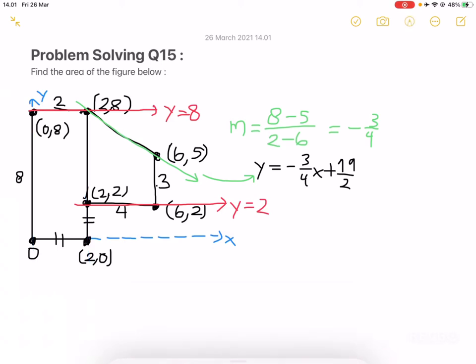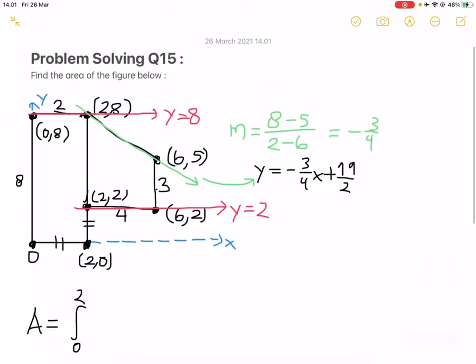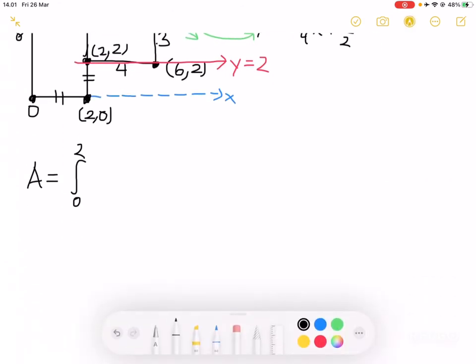So let's just set up our integral here. Our area will be the integral from 0 to 2. That's our limits for our first part, which is the rectangle of the equation y equals 8. So we just put 8 inside here. And don't forget we're doing dx.